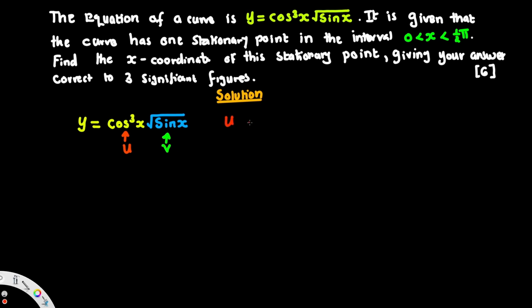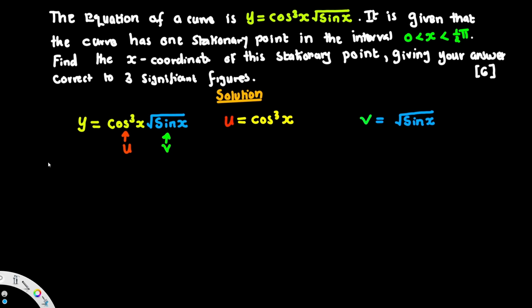So in this case, our u is equivalent to cos cubed x, then we need to find du dx, and our v equals root sin x. We need to find also dv dx, so that once we have that, we can write product rule and plug in those values.